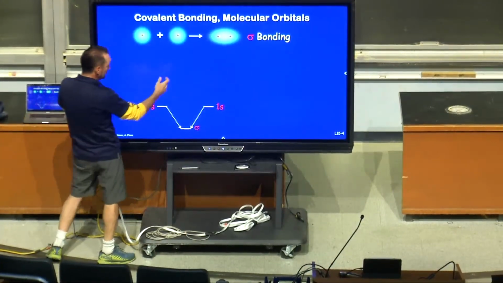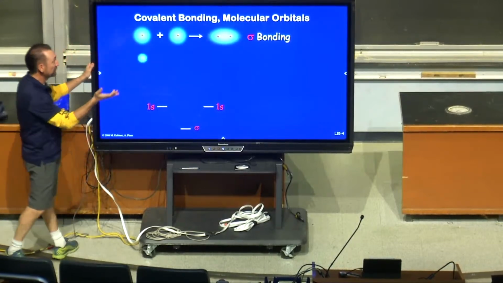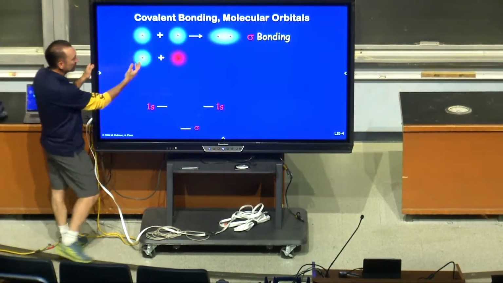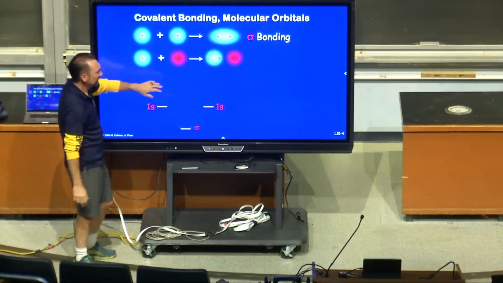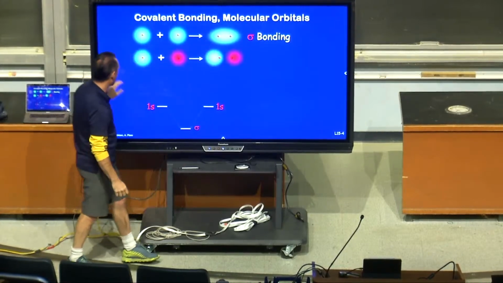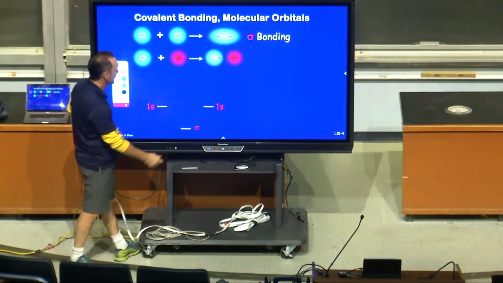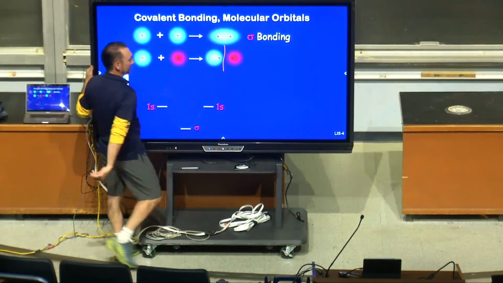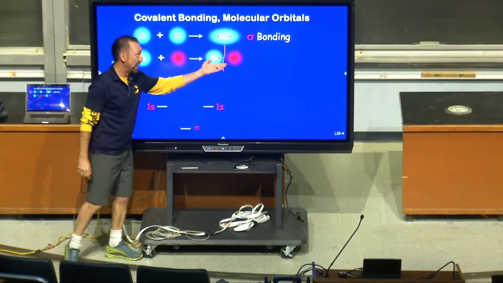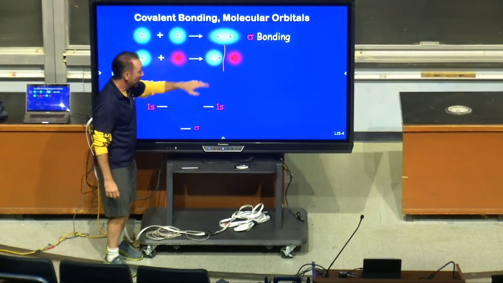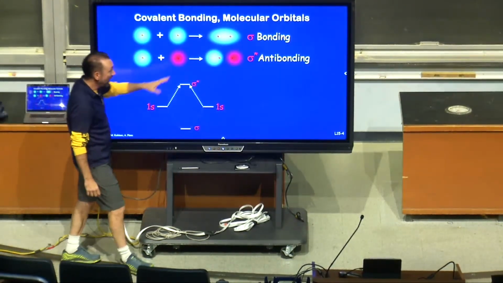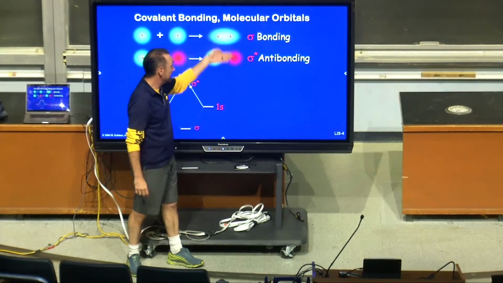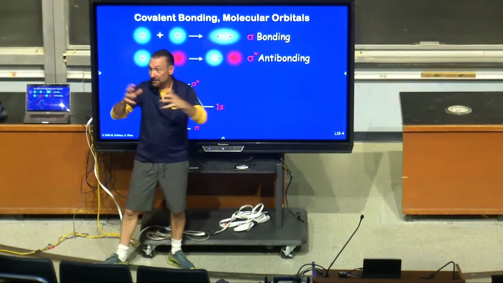So you take that, but you also do this anti-bonding thing. This is where you take the anti-combination, that's the sum, this is the difference, and then you would see, well, if those two add together, that would create a node in the middle, and that's bad for bonding. So we call that an anti-bonding orbital, but I'm required to do it because I have to keep track of all the electrons.